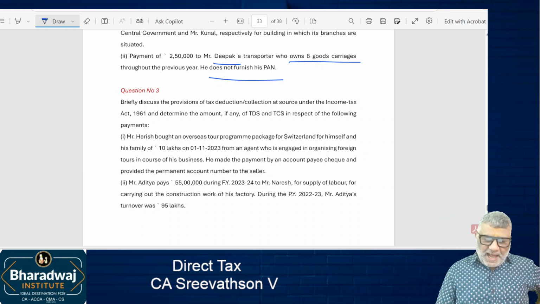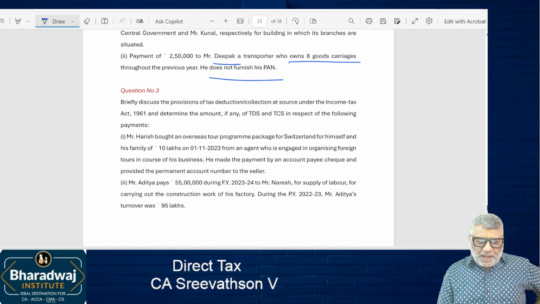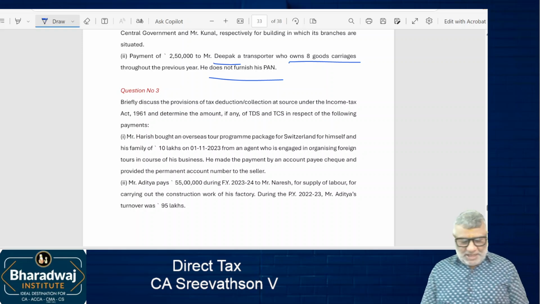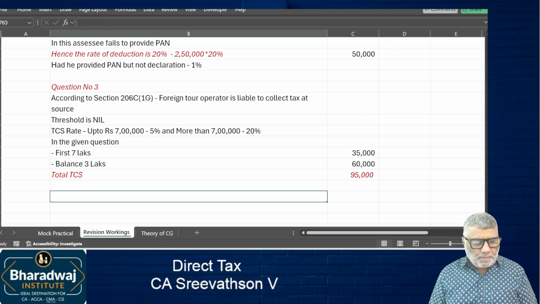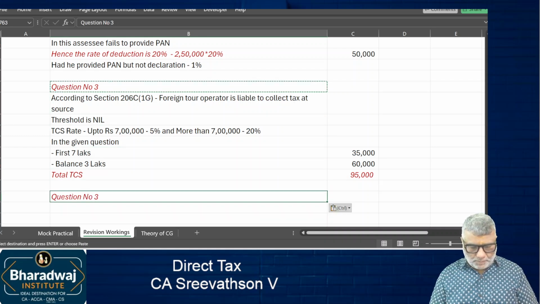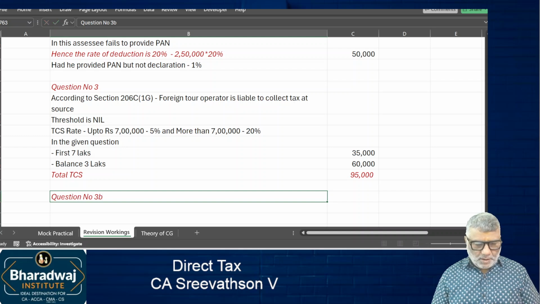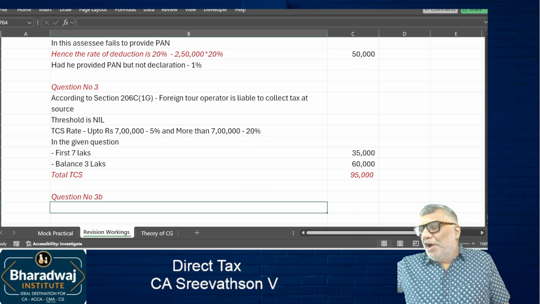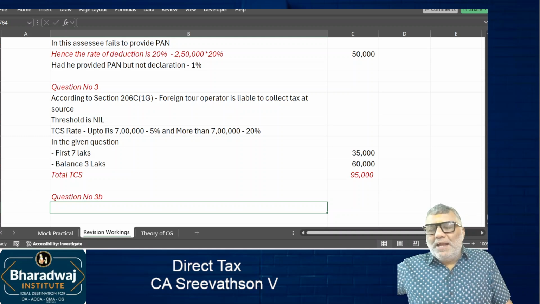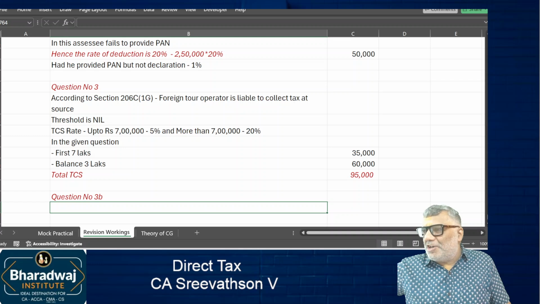Aditya pays 55 lakhs to Mr. Naresh for supply of labor for carrying out construction work of his factory. During the previous year, Mr. Aditya's turnover was 95 lakhs. There are some provisions which are not applicable for individuals and HUF whose turnover is less than 1 crore or gross receipts less than 50 lakhs in the immediately preceding financial year.